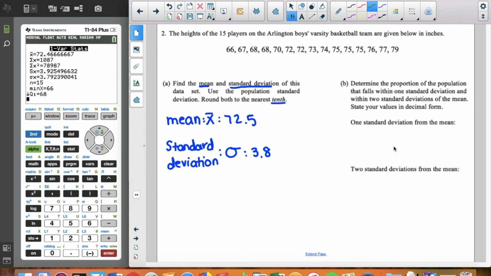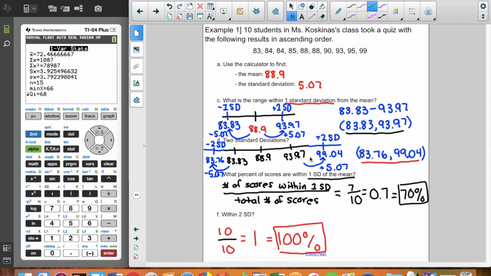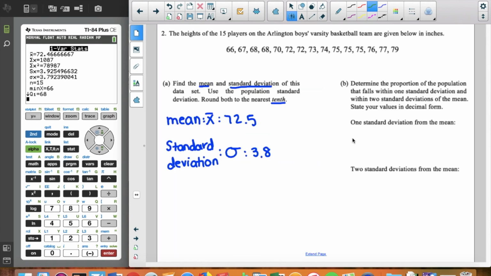So I'm going to show you how to do this a different way. If you like using that line, how we did before, like this, go for it. But what you can also do is this. You can have the mean, so X bar, plus or minus 1 times the standard deviation.